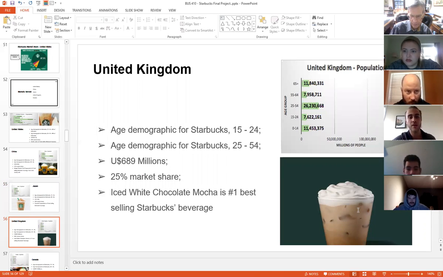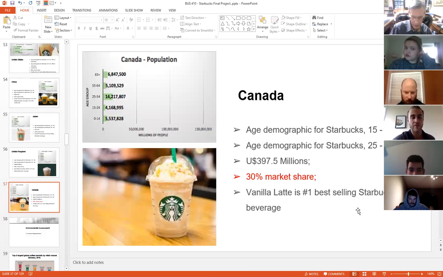Here for the UK, the population also is small compared to the other markets that Starbucks is present in, and the white chocolate mocha is the best-selling Starbucks beverage over there, with the same age demographic.